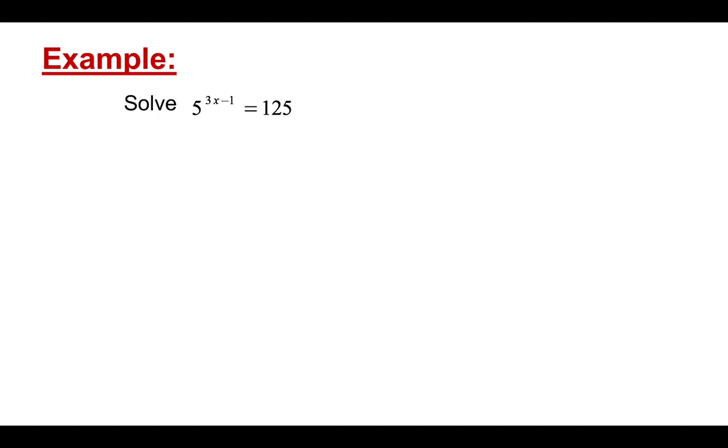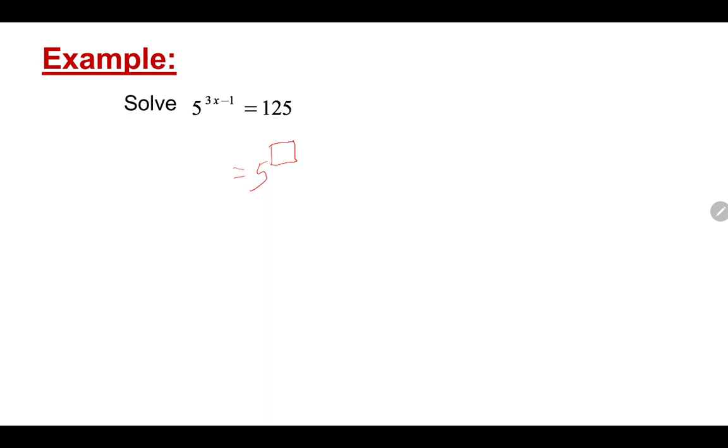So here I have 5 to the power of 3x minus 1 is equal to 125. Well, first thing, I want it to have the same base, and they don't right now. But 5 to what power would give me the 125?